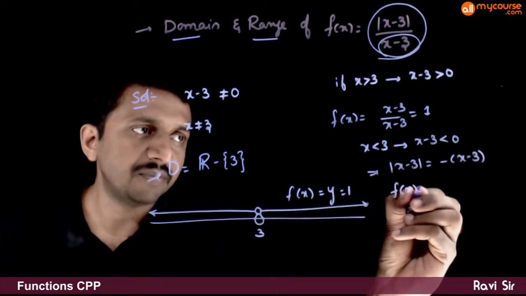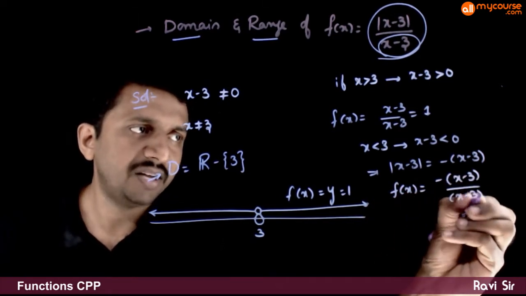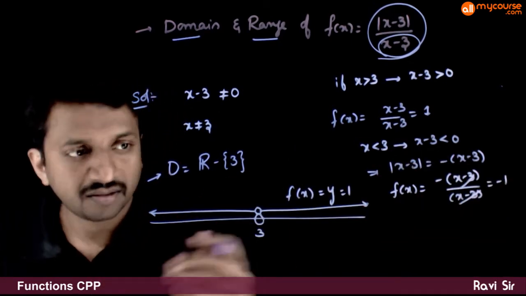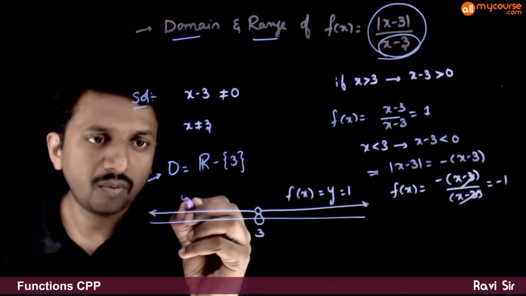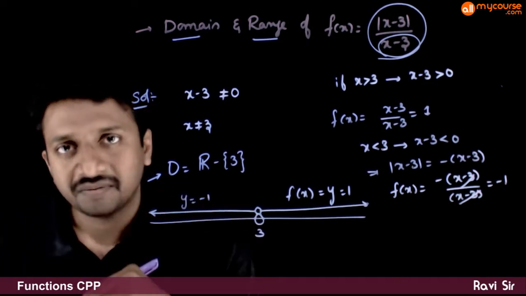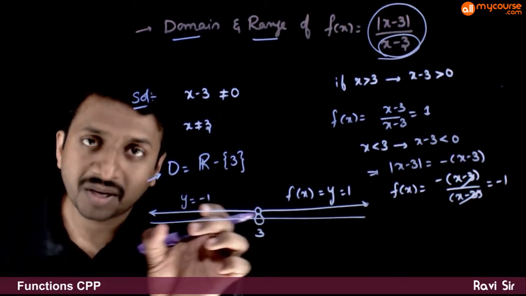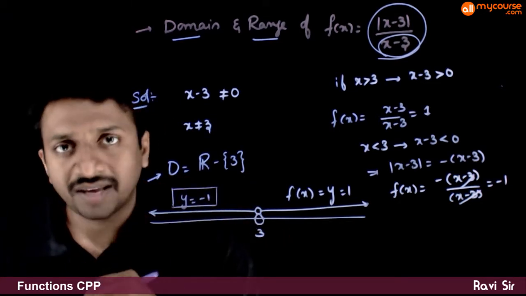So f of x becomes minus of x minus 3 by x minus 3. These two get cancelled, and f of x is equal to minus 1. That means as long as x is less than 3, y is equal to minus 1. It doesn't matter which number you take. For all the numbers x less than 3, the value of y is always equal to minus 1.